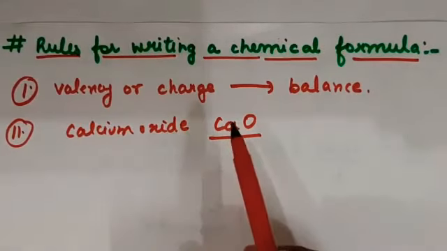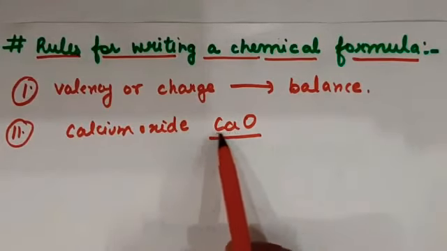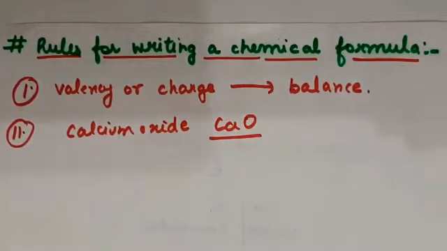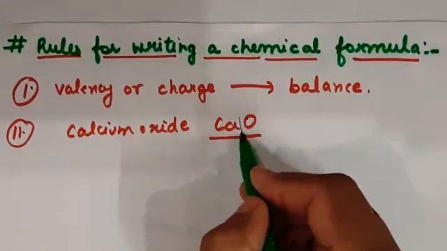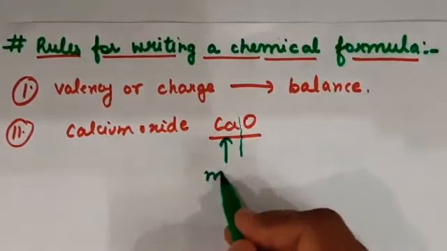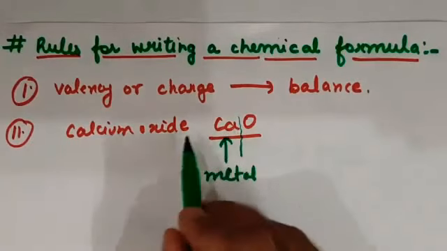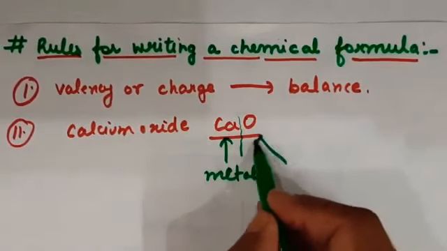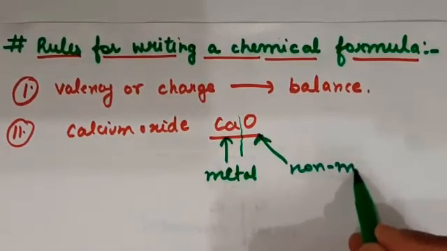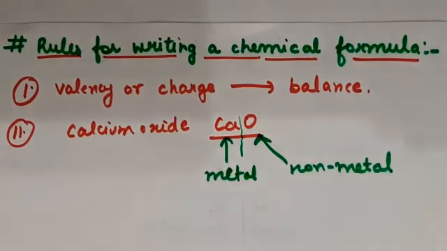Ca, that is calcium, is a metal, so its symbol is written first, and oxygen is a non-metal, so its symbol is written later on.